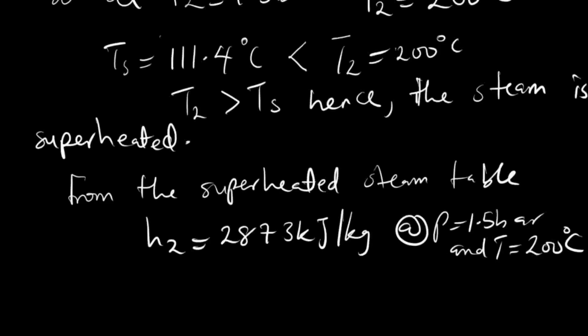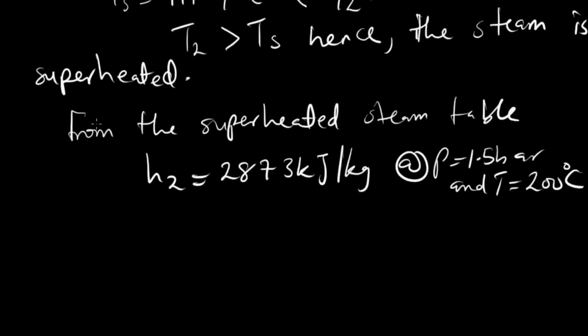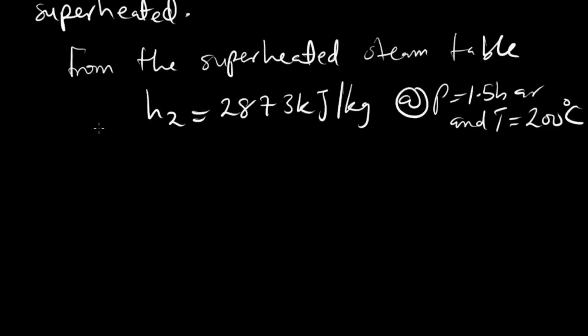So finally, we can now say that the heat transfer at constant pressure is H2 minus H1.